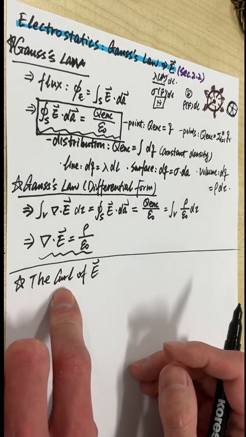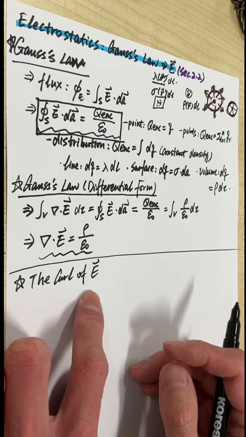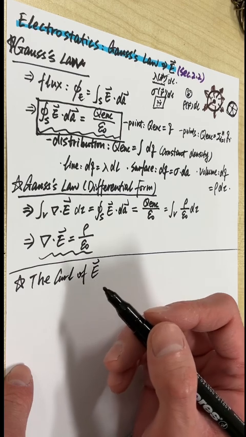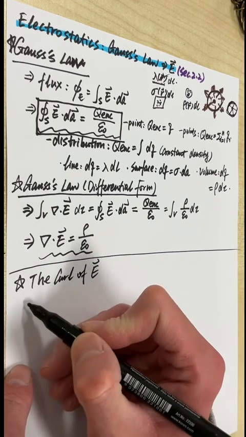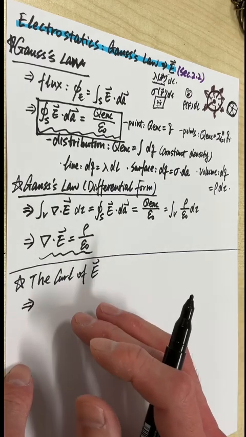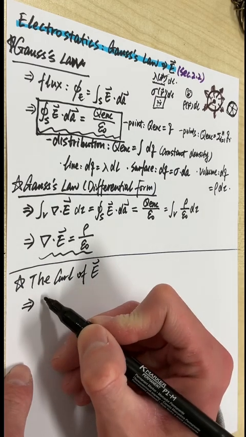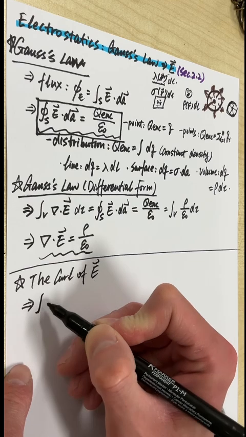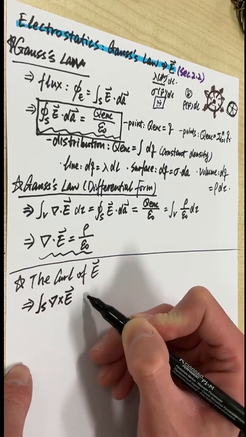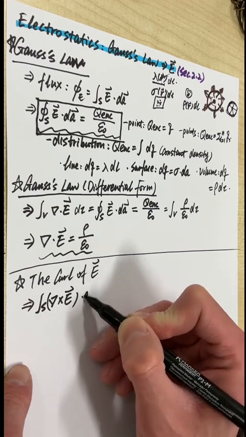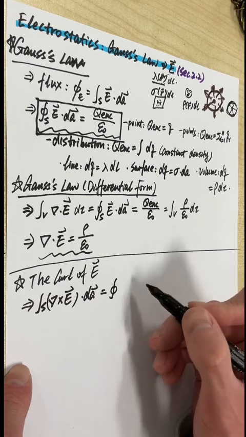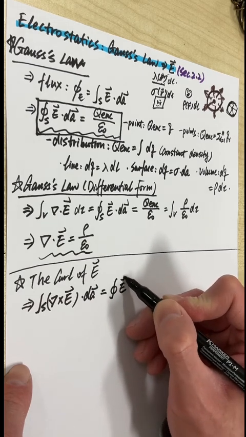In order to investigate the curl of the electrical field, we need the fundamental theorem for the curl, which says the surface integral of the curl of the electrical field equals the closed line integral of the field.